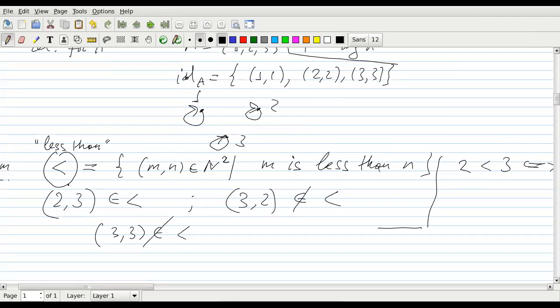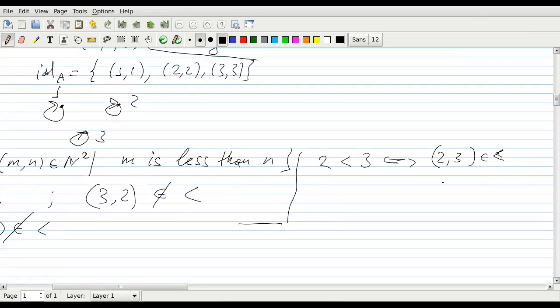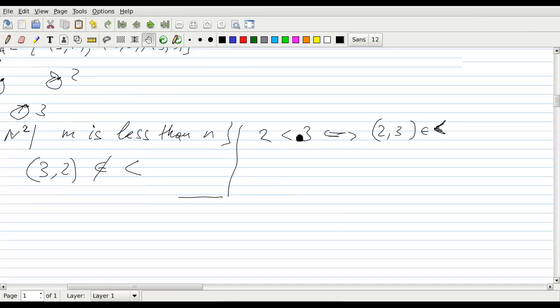Everything is a set, and less than is also a set of pairs. So instead of writing that (2, 3) is an element of the set, you just write 2 less than 3. Is it clear?